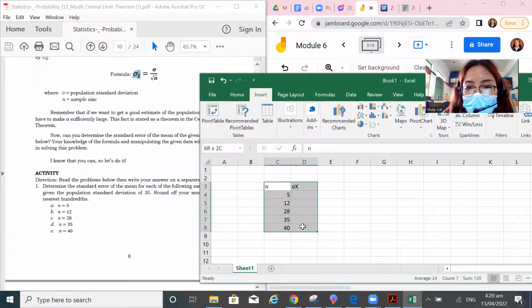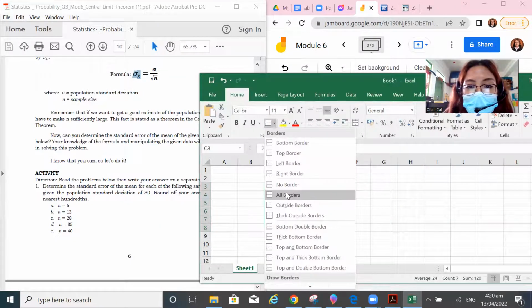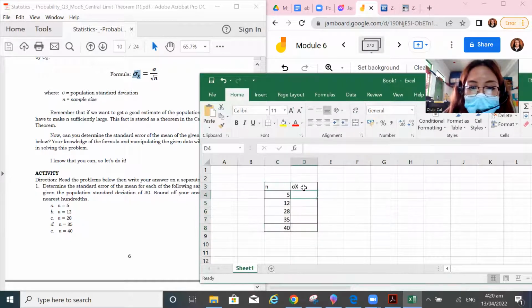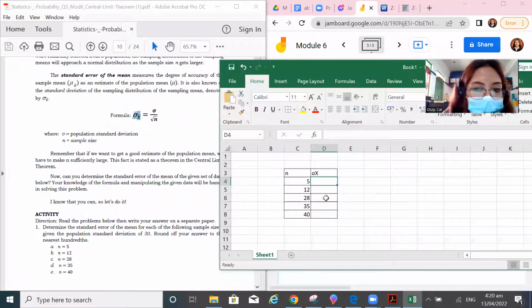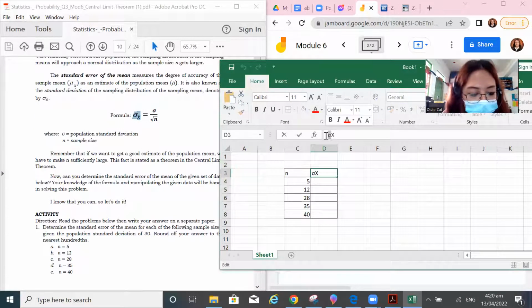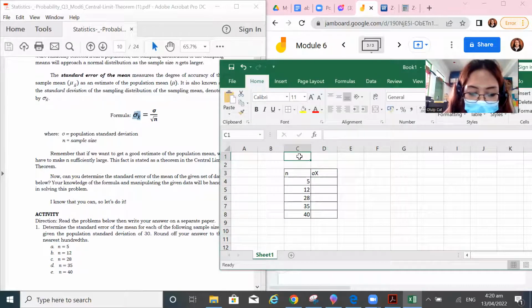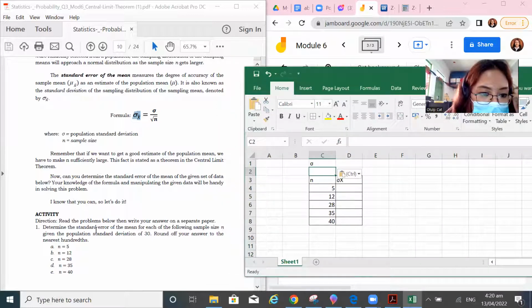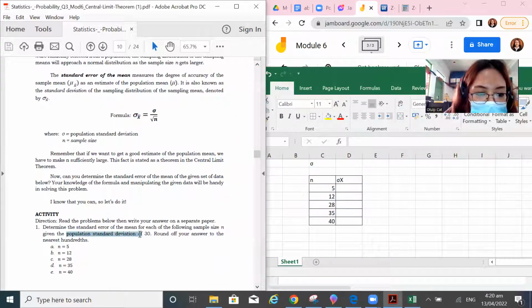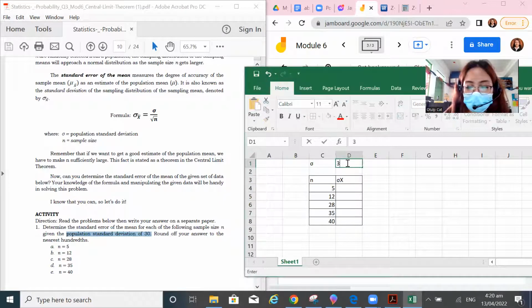Here I put it in Excel so we can calculate. We will have the formula for the standard error. In activity number 1, it is given that the population standard deviation is 30. We calculate the standard error of the mean at these sample sizes: A, B, C, D, E, and so on.